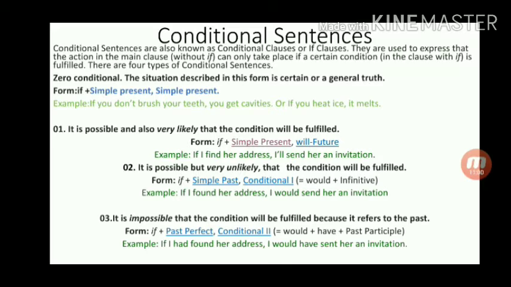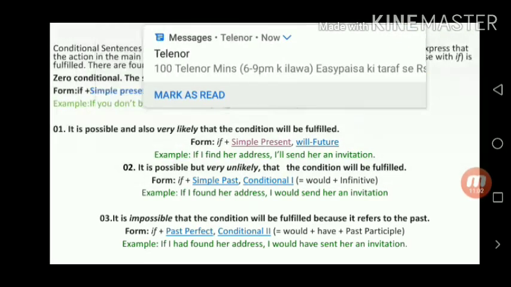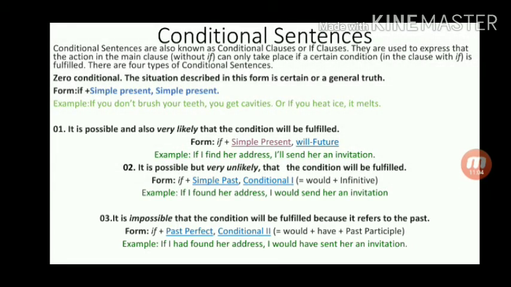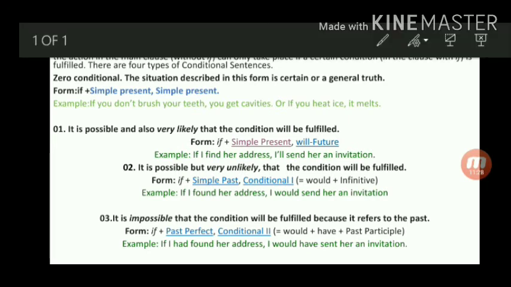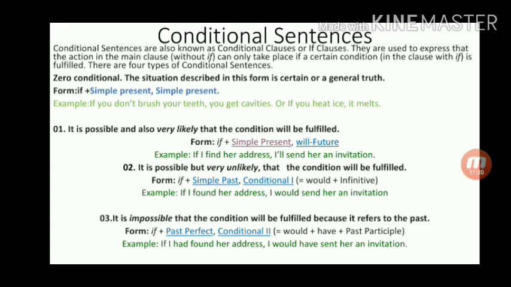Okay, the third conditional is used again to describe impossible things. It is impossible that the condition will be fulfilled because it refers to the past. The situation that you are describing in the third conditional actually refers to the past.